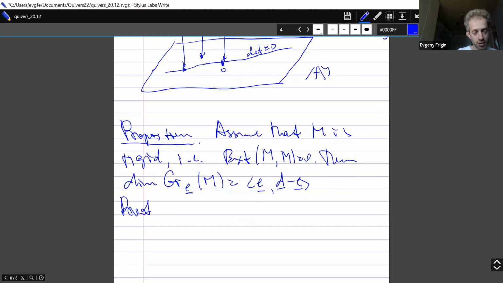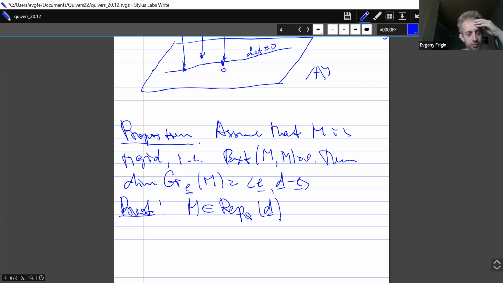Can you explain why? What is so special about rigid representations? So if M is considered as a point in rep QD, what is so special about the rigid representations?